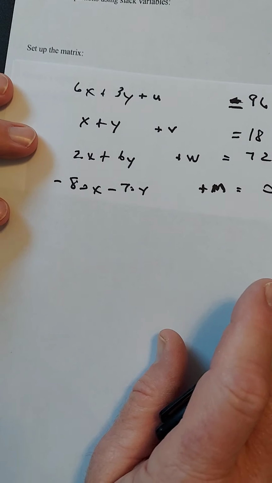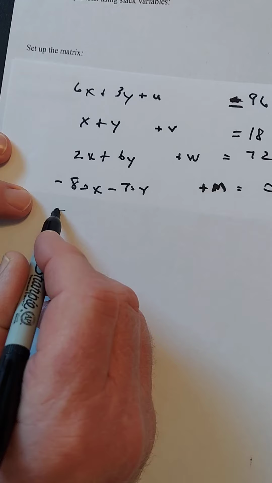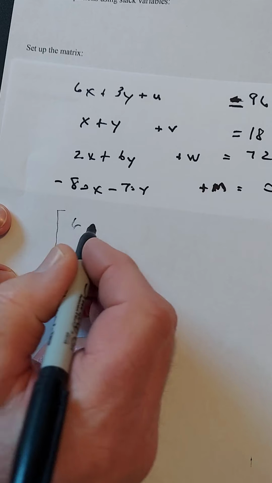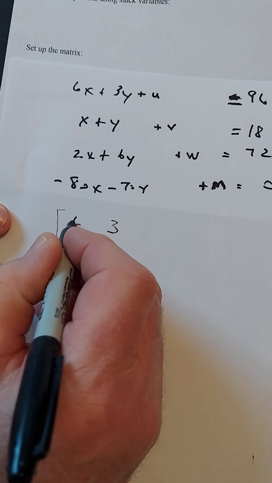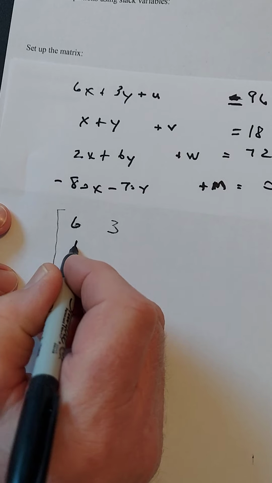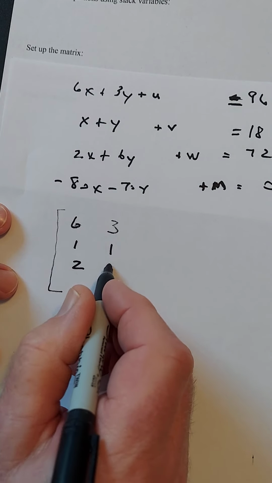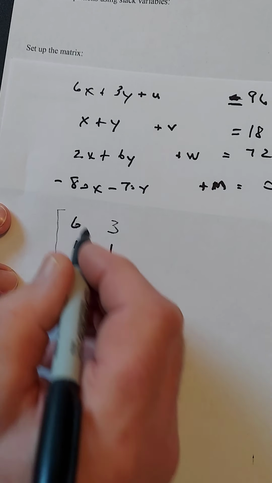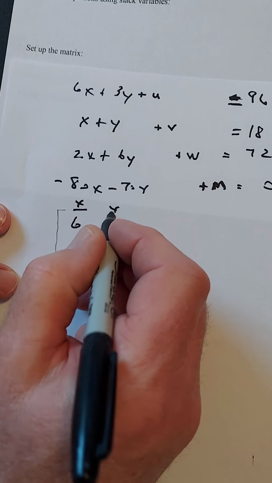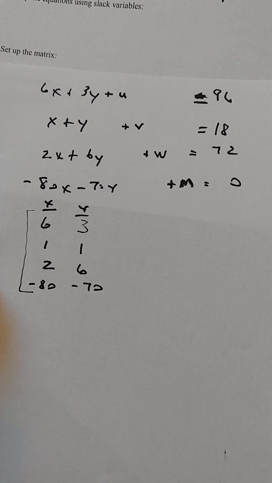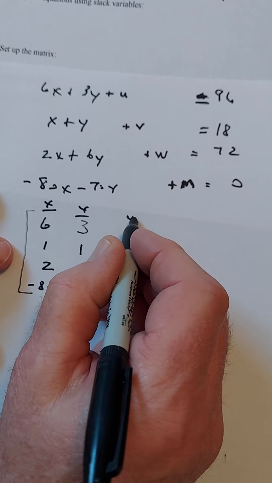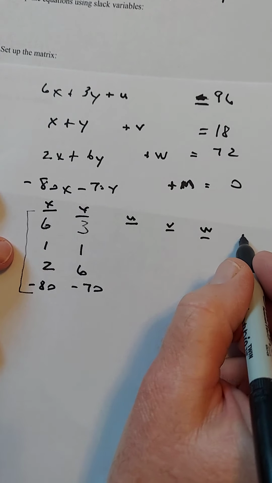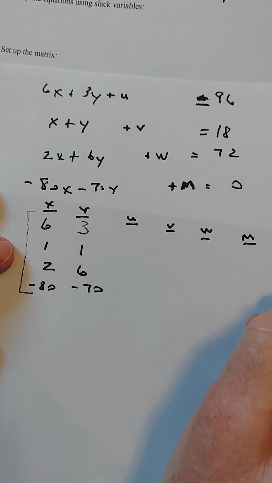Okay, now what we want to do is set up the matrix. Once you've got the equations, this will be pretty easy. I'm going to have 6, 3, 1, 1, 2, 6, negative 80, negative 70. So again, I've got an X column and a Y column. Now we're also going to have a U, a V, a W, an M, and a C column.